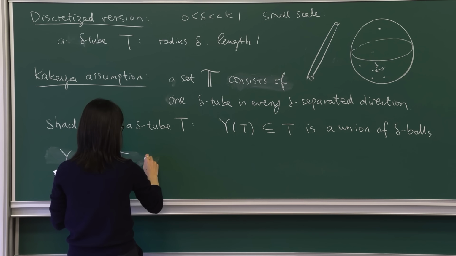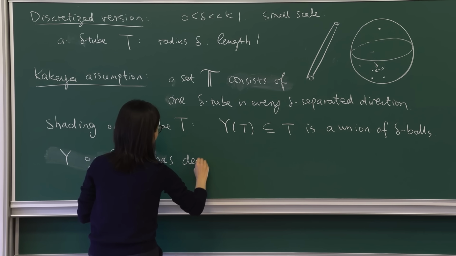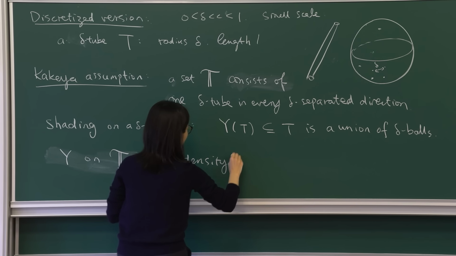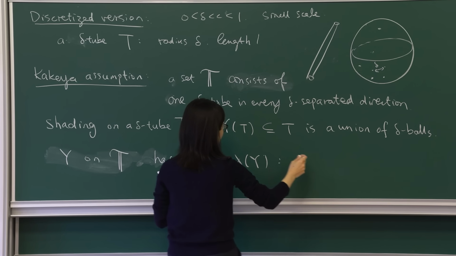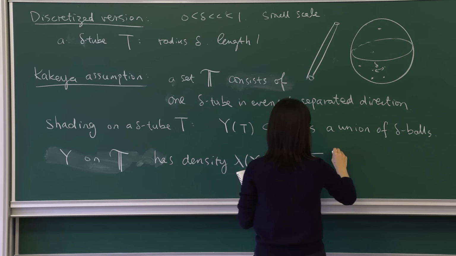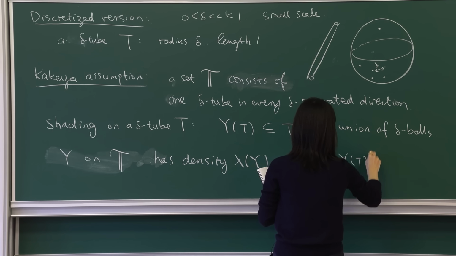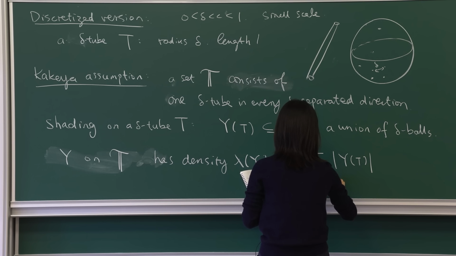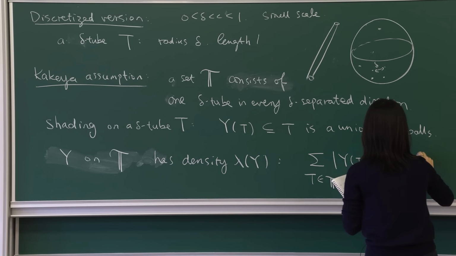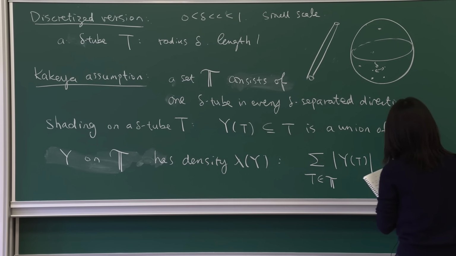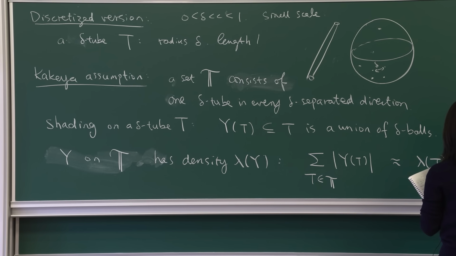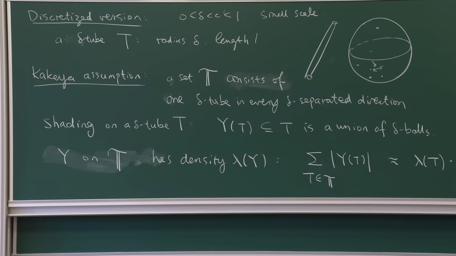And so the shading Y on T has density lambda_Y. The definition is just that we sum over the measure of Y_T, which is roughly lambda times the volume of one tube times the cardinality. So we use this to denote cardinality and this to denote volume.